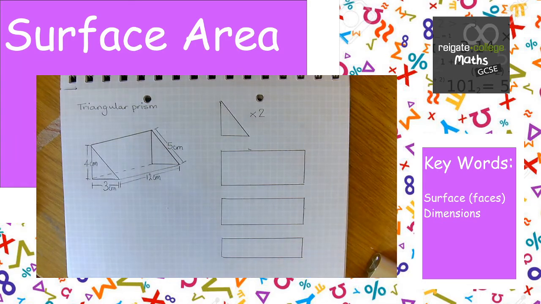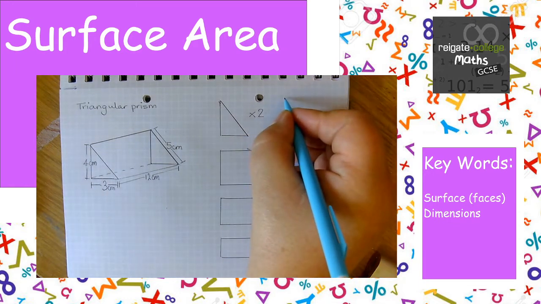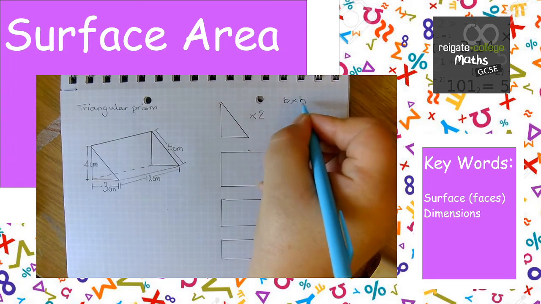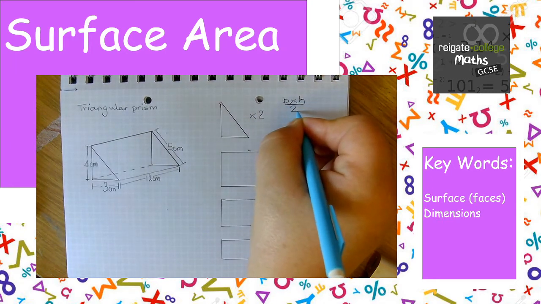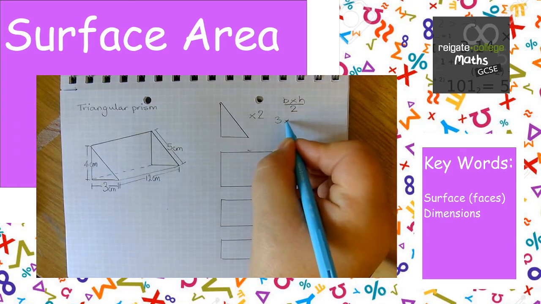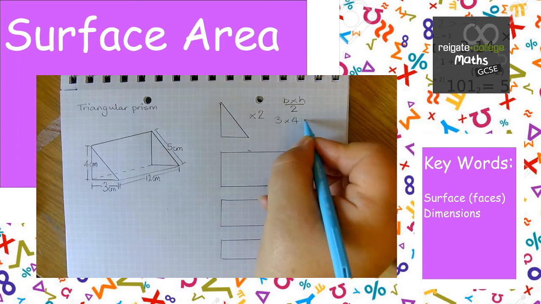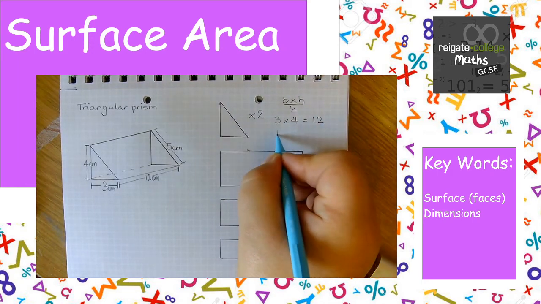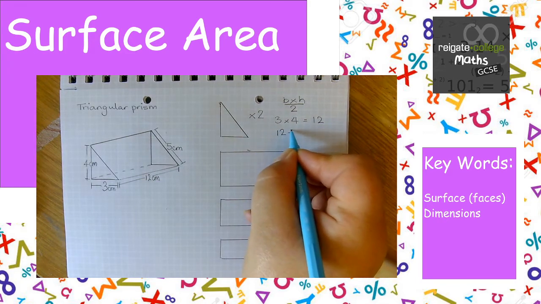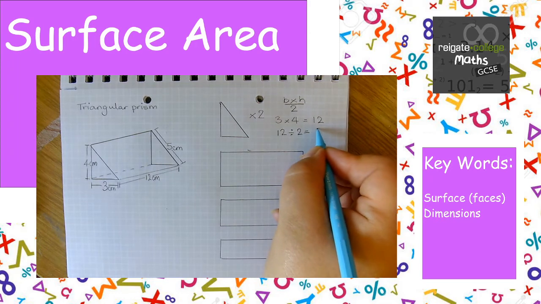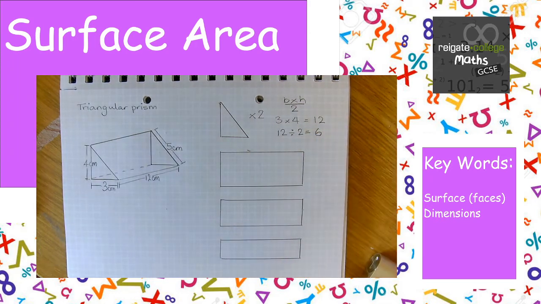First of all, we find the area of the triangle. We need to calculate the base times the height and divide it by 2. The base is 3, the height is 4, giving us a calculation of 12. 12 divided by 2 gives us an area of the triangle of 6.